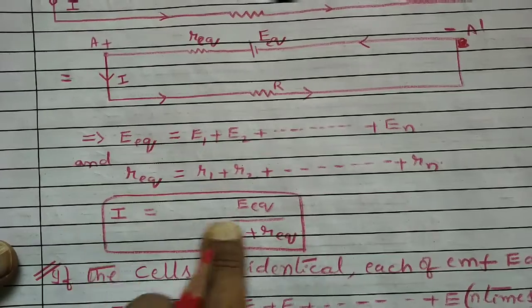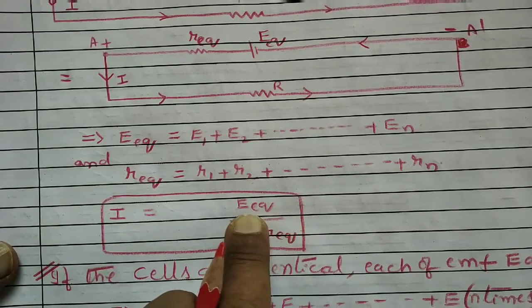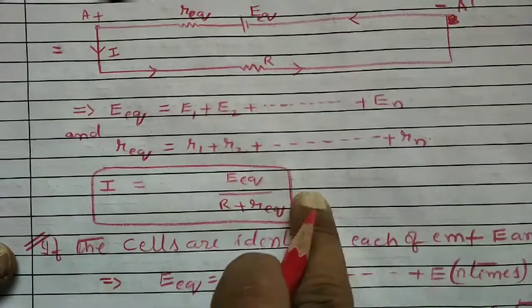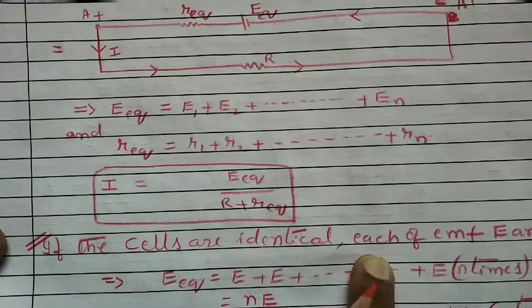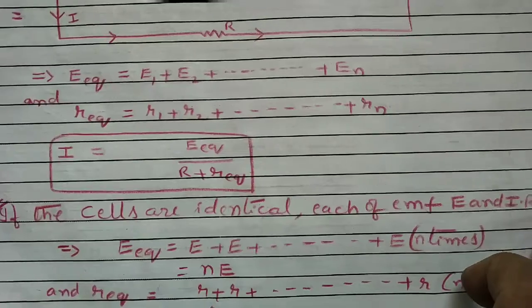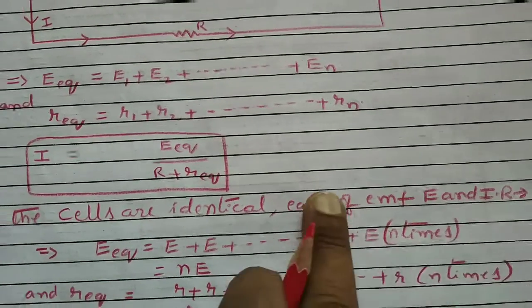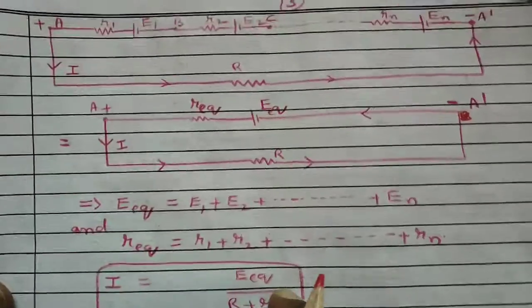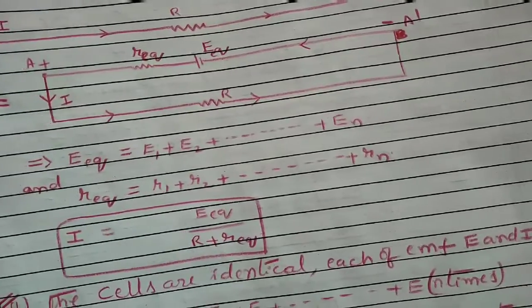Now the current expression is E equivalent by big R plus R equivalent. If cells are identical, each has EMF E and internal resistance small r.